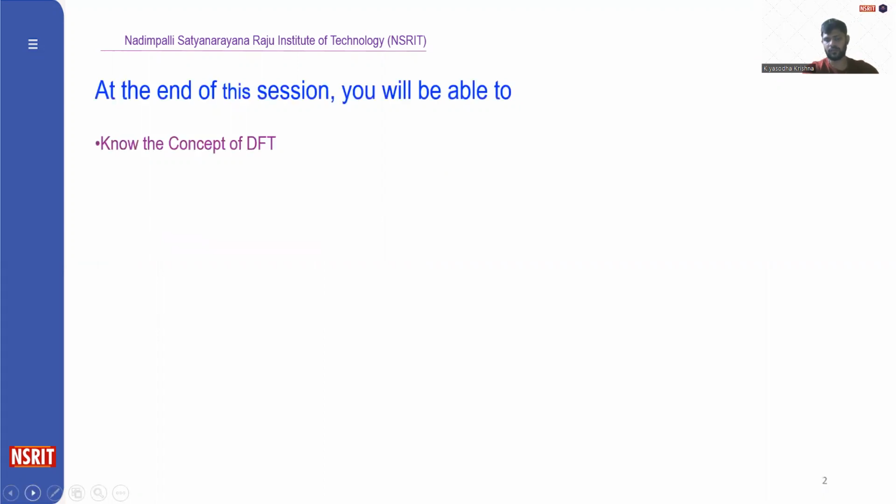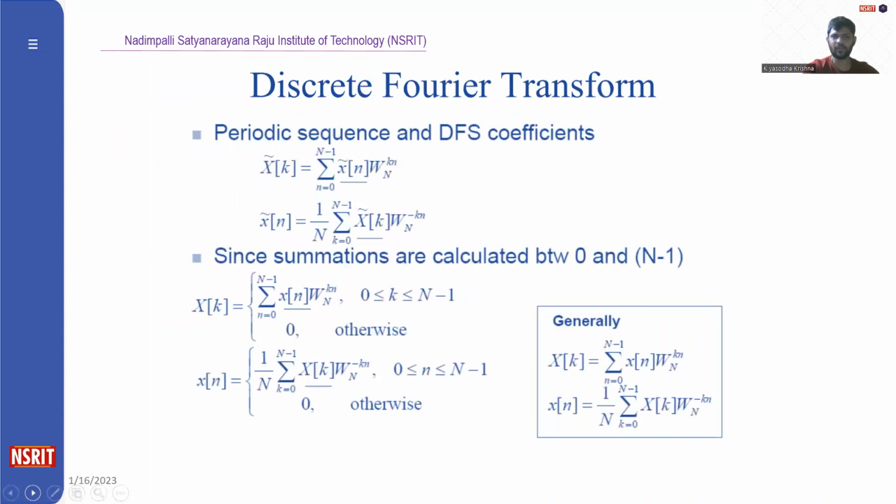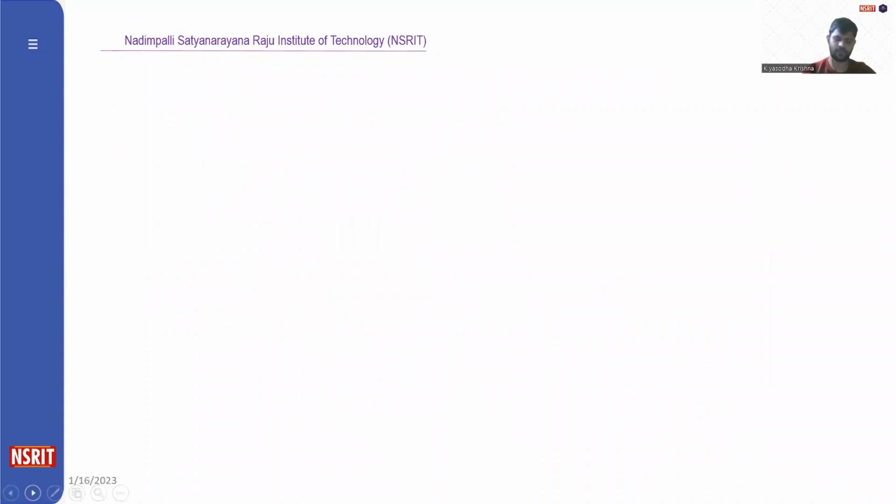Today we will end up the properties of DFT, and we know these are the basic formulas for DFT. Last class we stopped at the DFT statement called circular convolution, where the DFT of y of n is equal to x1 of n circular convolution x2 of n.